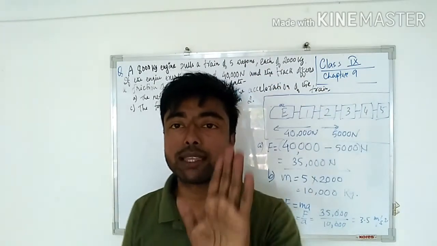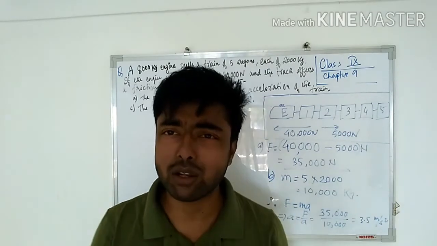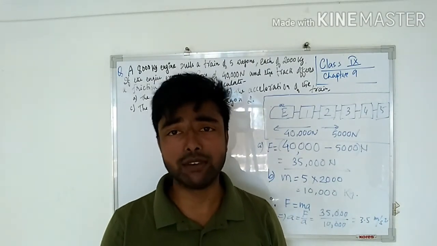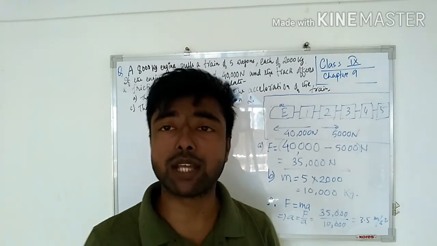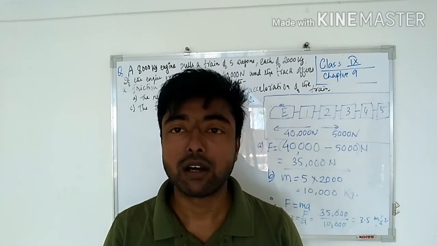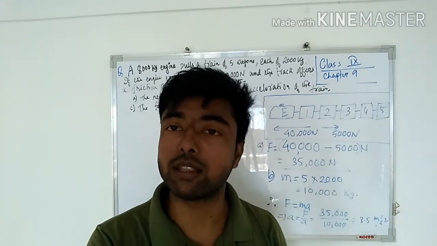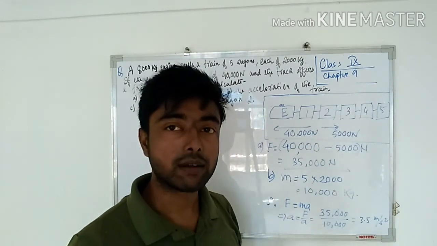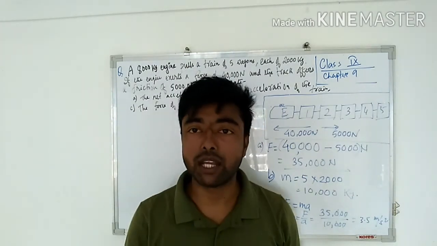So you have to take that 5 wagons mass only. Is it clear, all of you? Suppose if it is given that find out the acceleration of the trains along with the engine, then you have to take the mass of the engine. Clear? Done.